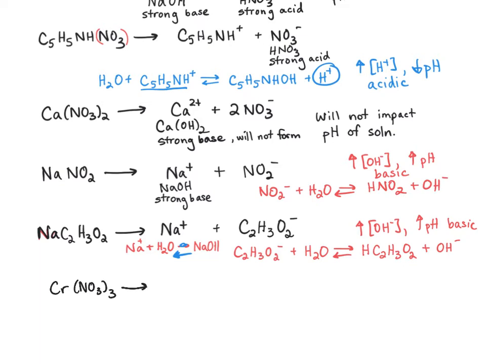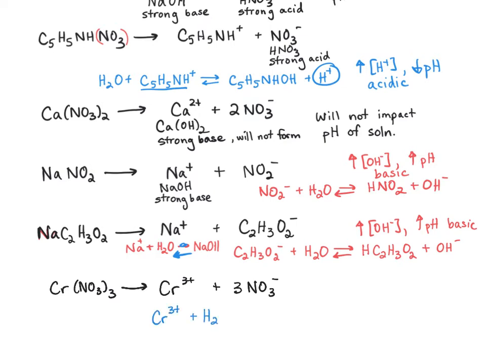When this salt dissociates in water, which it will because of the presence of the nitrate, it'll make a chromium 3+ ion and 3 nitrate ions. As we've discussed, the nitrate will not recombine with hydrogen from water because nitric acid is a strong acid. But the chromium does have the potential to interact with water.